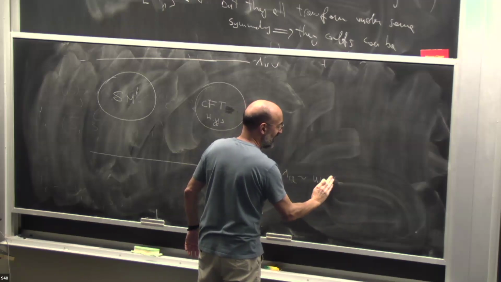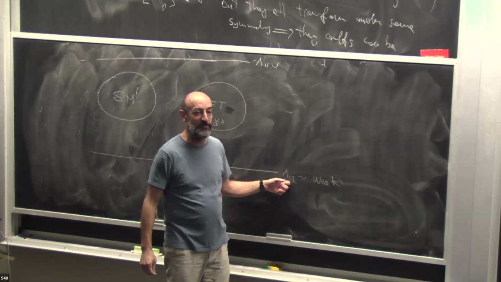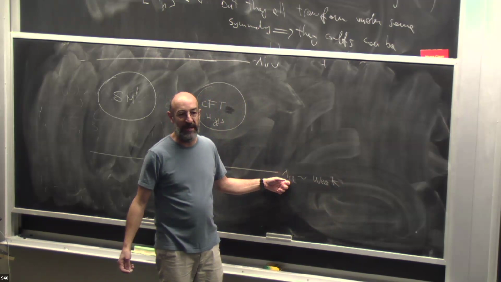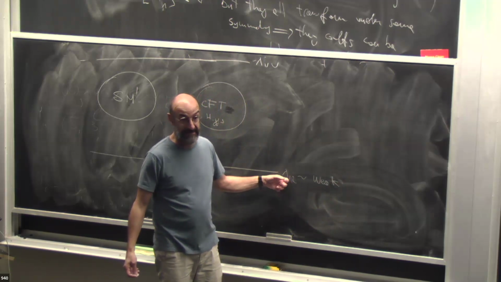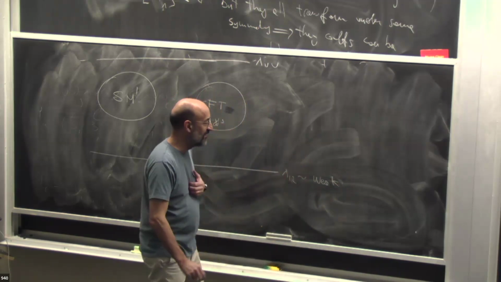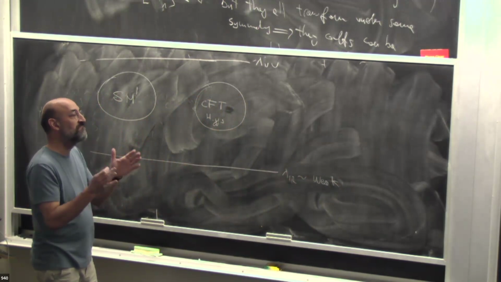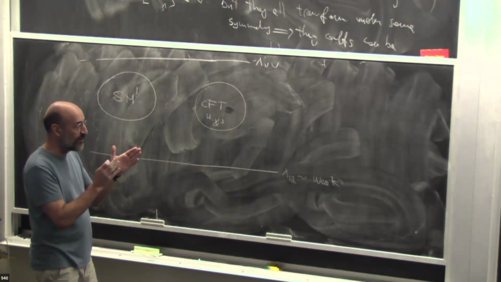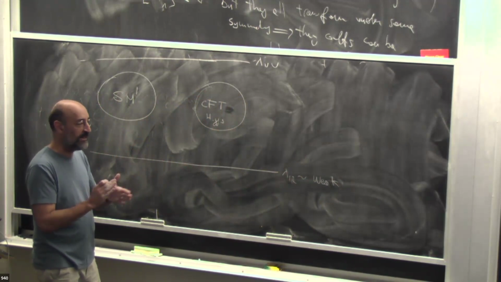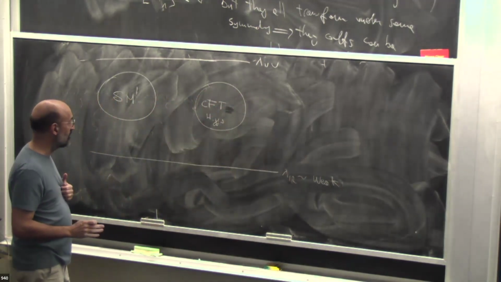Now, where this scale is, the wish of naturalists was for this scale to be as low as possible, 1 or 2 TeV. And this wish has to be compared with what the data tell us, and the data are telling us this scale has to be a bit above that. But we will get to that. I'm presenting you, for a good part, the situation 15, 20 years ago, but then I will comment on how things have changed.